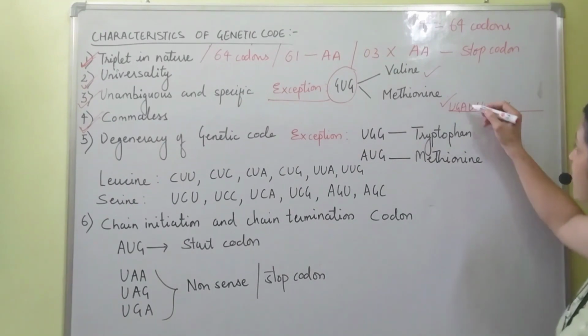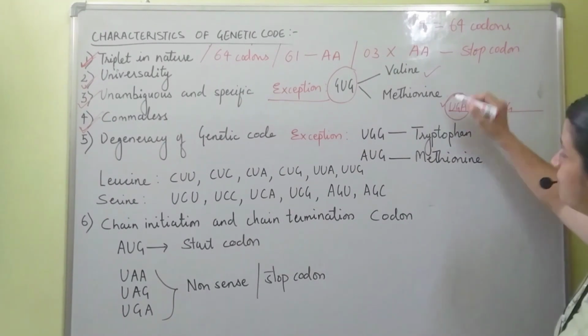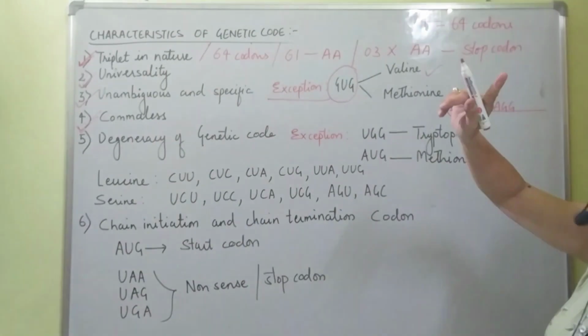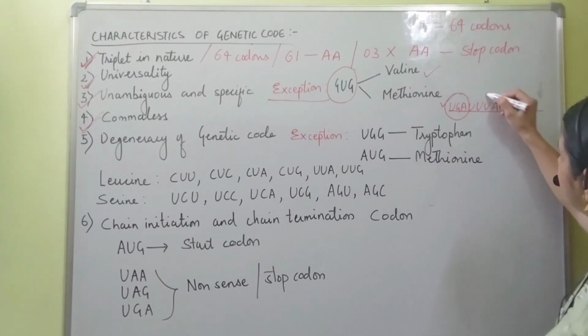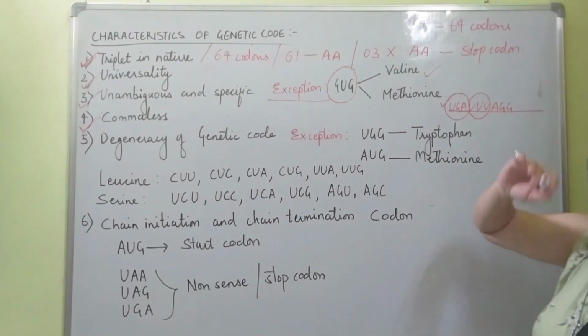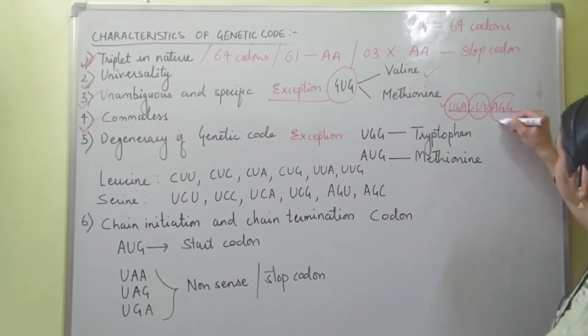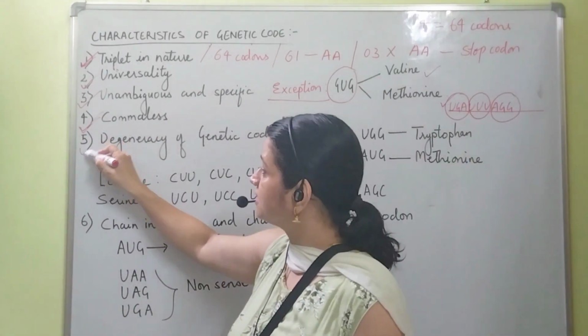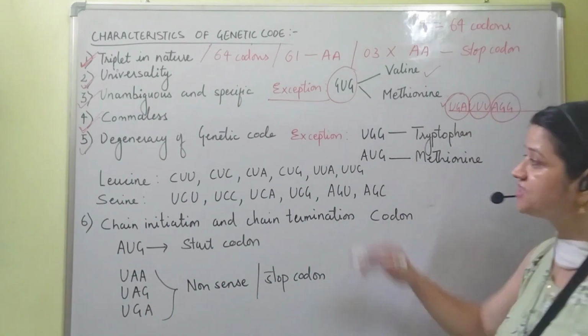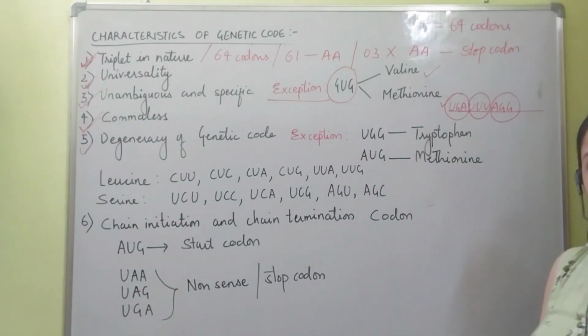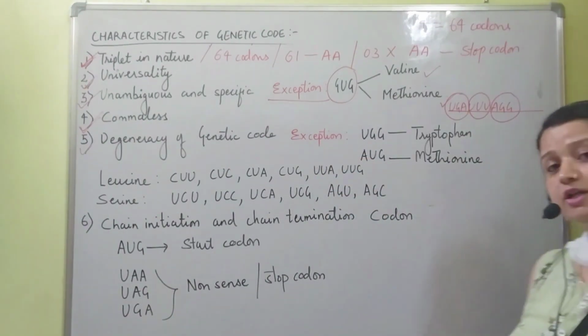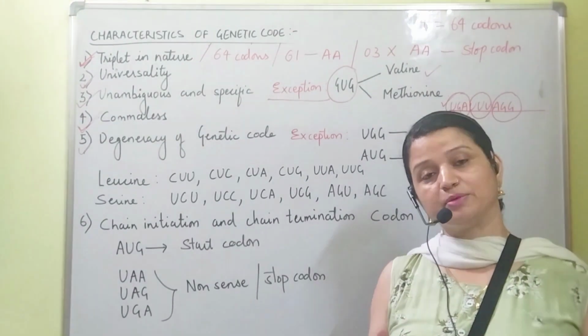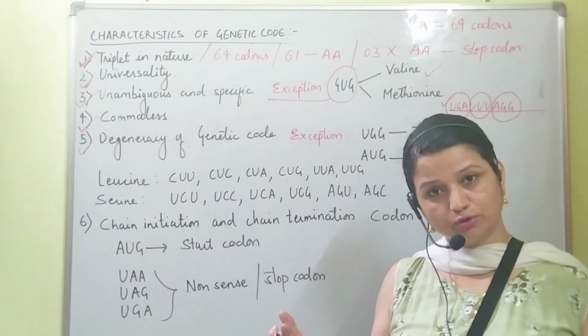We have to see the first three letters. They will lead to the formation of the first codon. The next three letters will be the second codon and this will be the third codon. Next is the rule of degeneracy, or degeneracy of the genetic code. Degeneracy means that one amino acid can be coded by more than one codon.